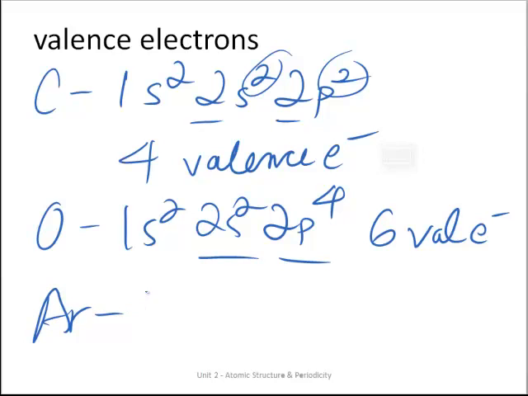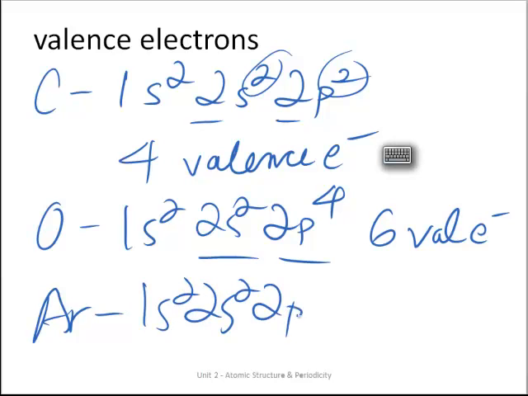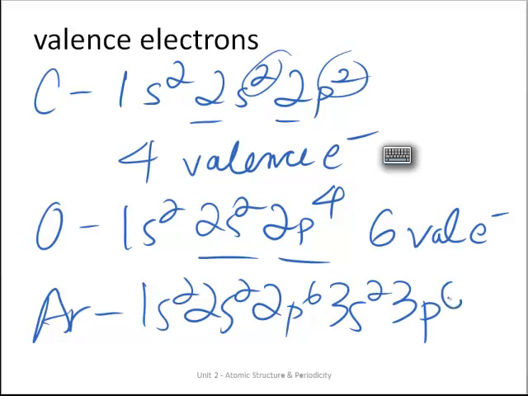Argon is 1s2, 2s2, 2p6, 3s2, 3p6. So how many valence electrons does argon have? Well, its highest energy level is n equals 3. It has 2 in 3s, 6 in 3p. So that's a total of 8 valence electrons.